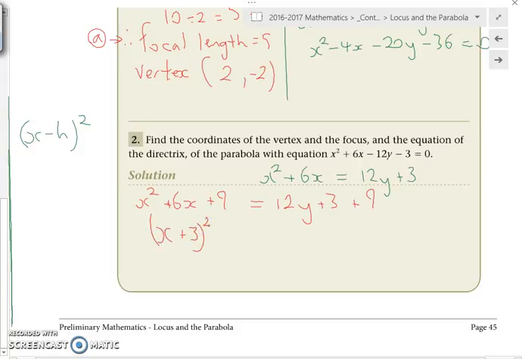Well done. Yeah? Now, the other side, however, is now 12y plus 12. Cool? So we need it to look more like the 4a outside of y minus k.